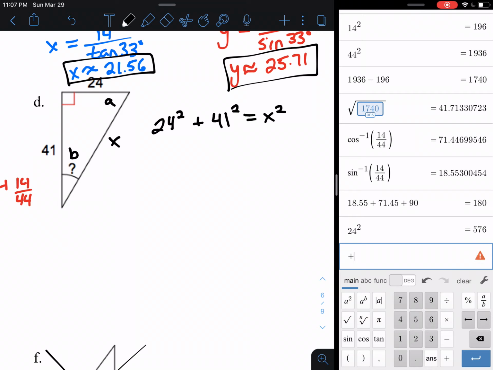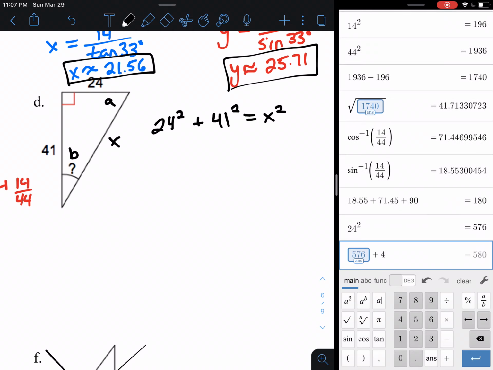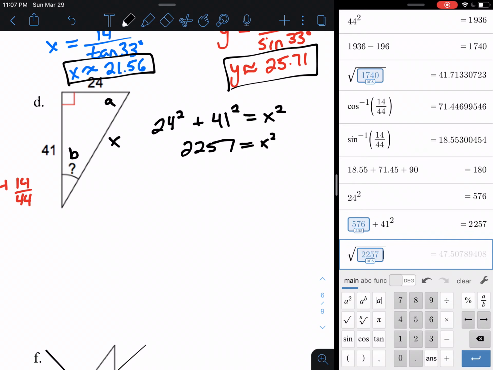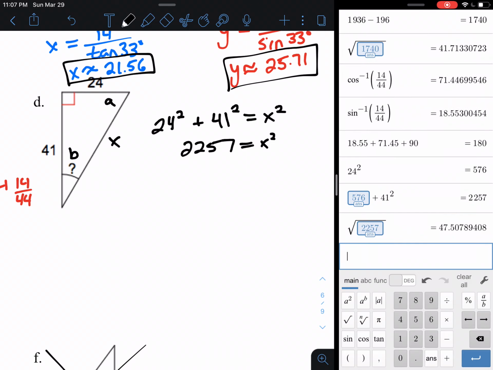That plus 41 squared is 2,257. And then we will take the square root of our answer. That tells us that X is going to be about 47.51. Okay, so we got our missing side.